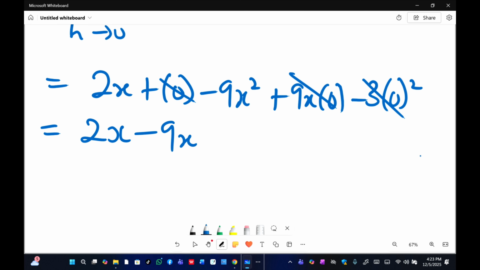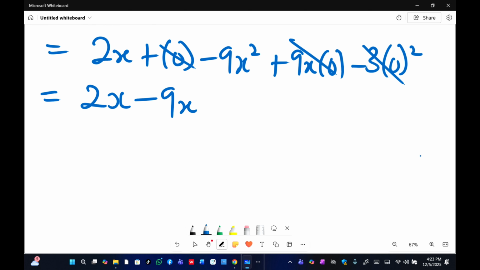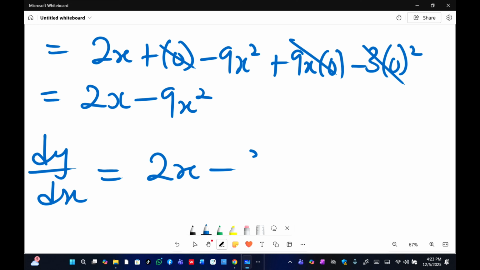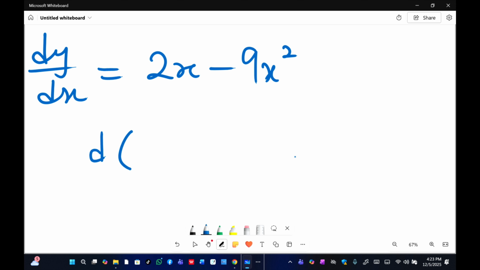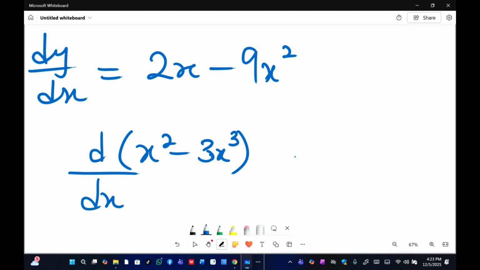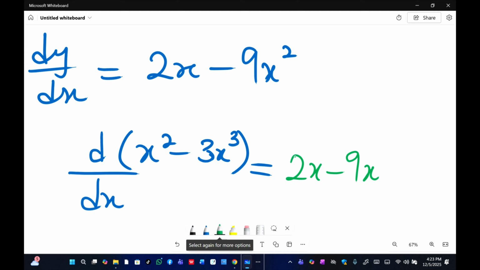So we conclude that our dy dx is equal to 2x minus 9x squared. So therefore, the derivative of this particular function x squared minus 3x power 3 with respect to x is equal to 2x minus 9x squared.